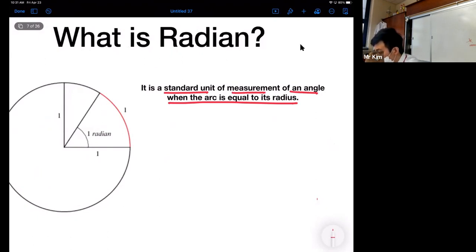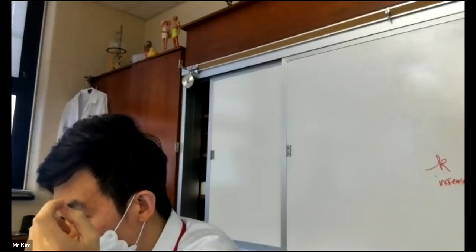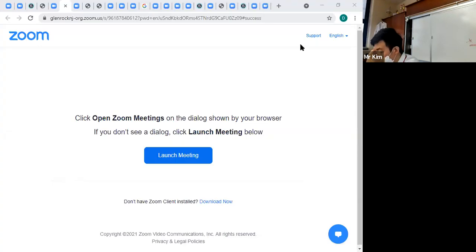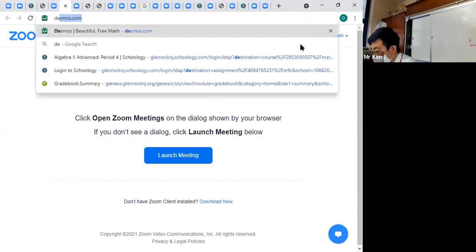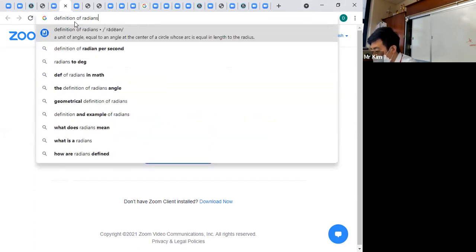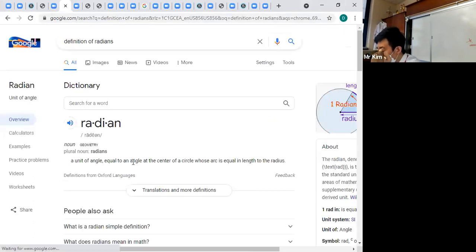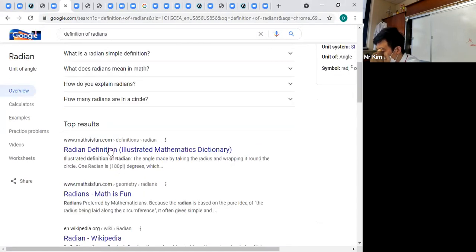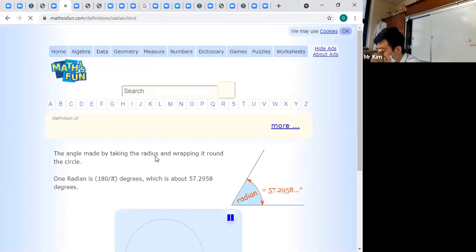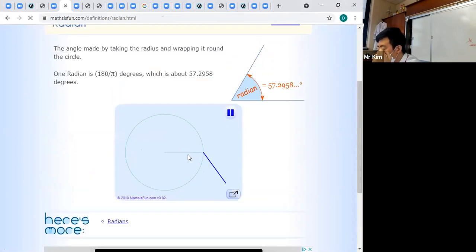Before I do that, I'm going to stop sharing the screen and share the internet page here. You don't have to do this on the computer, but if you go to definition of radians in Google, the very first thing you will see is this Math Is Fun illustration, a really good demonstration of what a radian is.